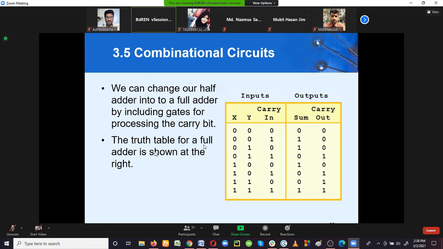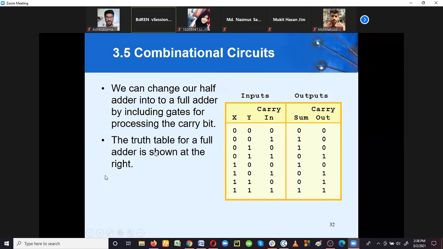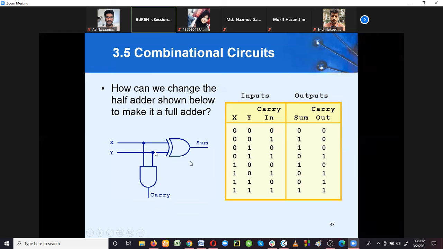The truth table for a full adder is shown on the right side. Observe, there is x, there is y, this is carry in, this is the sum, and this is the carry out. So this is how we can change the half adder shown below to make it a full adder.